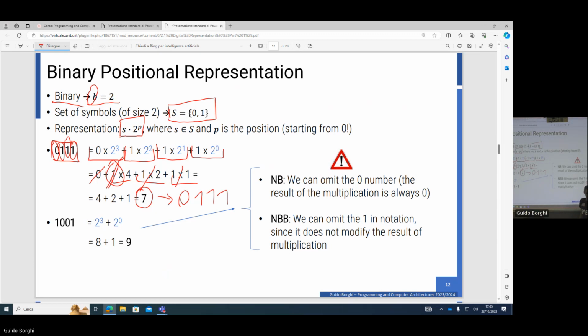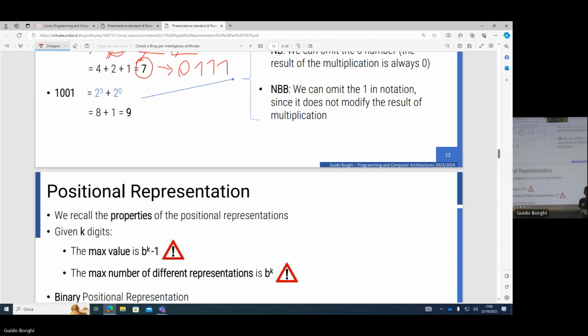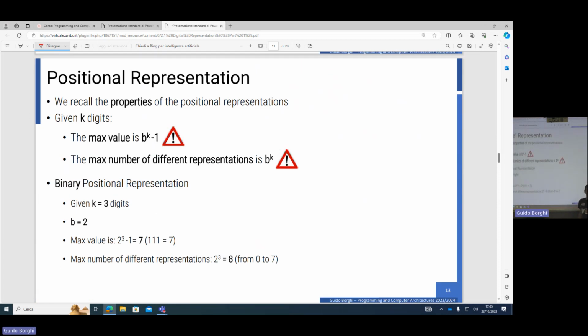Other questions? We can apply the very same properties that we have seen for the decimal positional representation also for the binary positional representation. So the maximum value is b to k minus 1, and the maximum number of different representations is b to k, if we can use only k positions, so if we have only k digits.